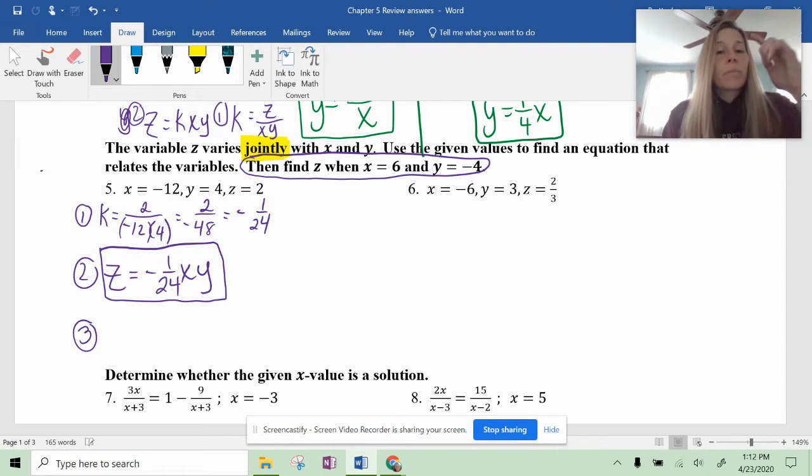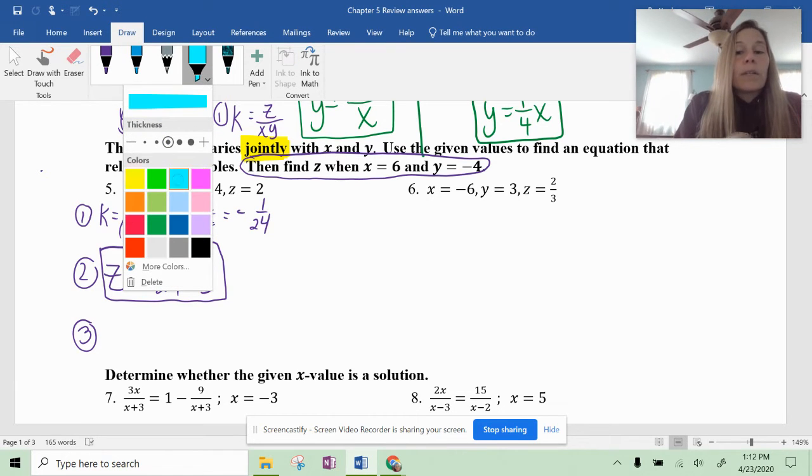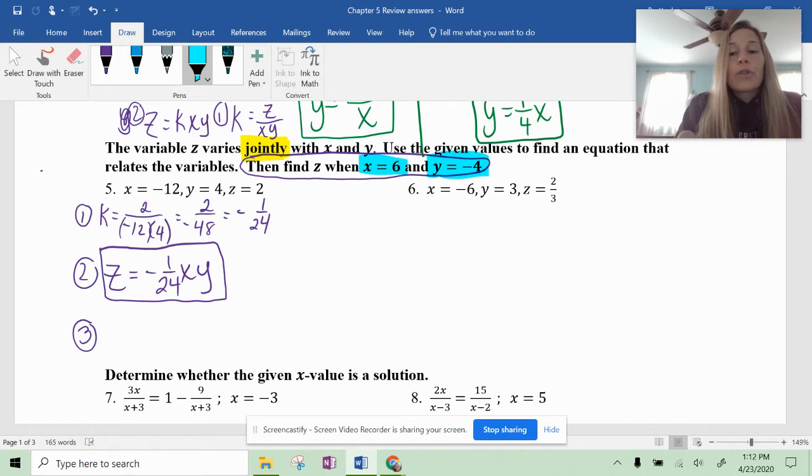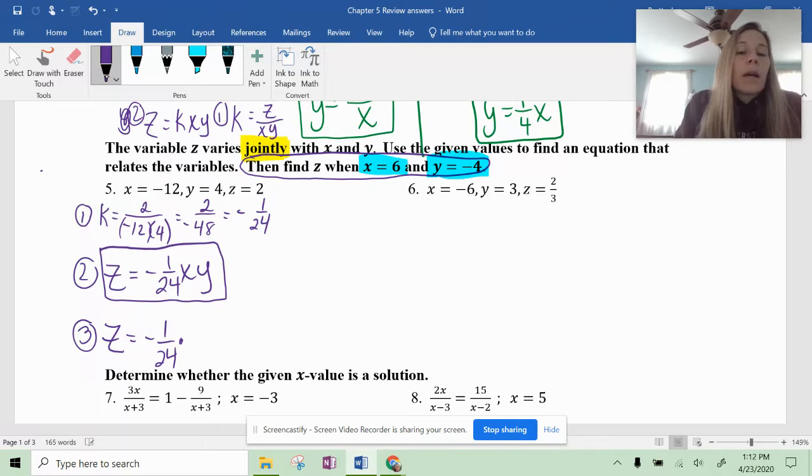Then for part 3, you're going to substitute in the x and y that's given to you in the instructions, and solve for z for this situation. This equation is important because it would work for any x and y. You just plug them into that equation, but you want to have the equation that's going to be used for all the different points. So if I go to solve this, negative 1 over 24 times 6 times negative 4. Well, 6 times negative 4 is negative 24, and they're going to all cancel out. So you're going to end up with just z equals 1.